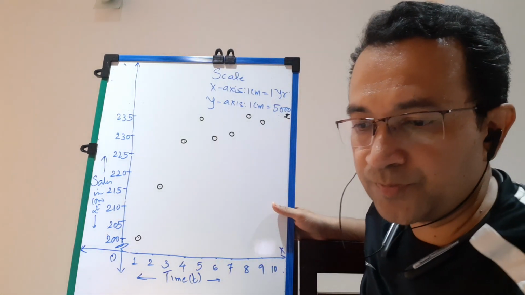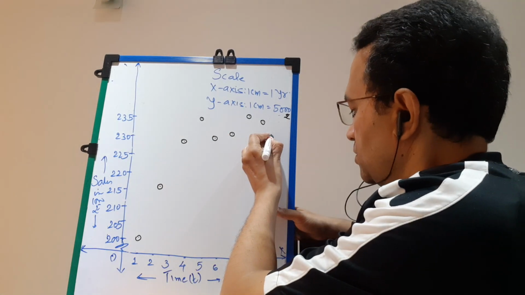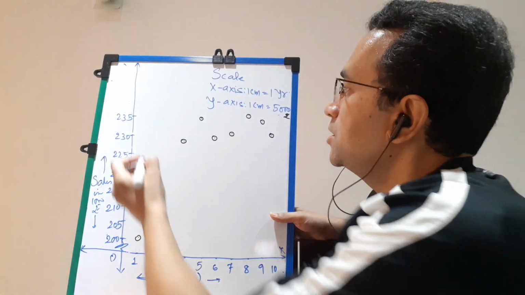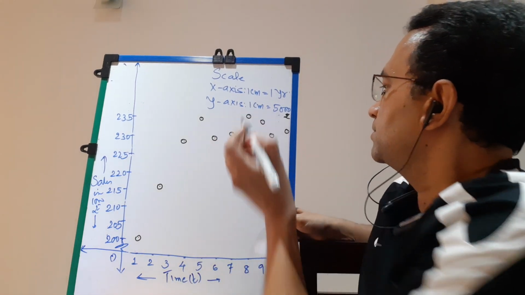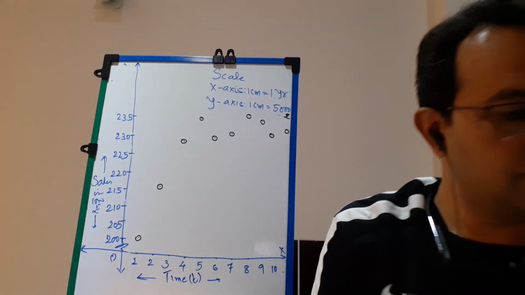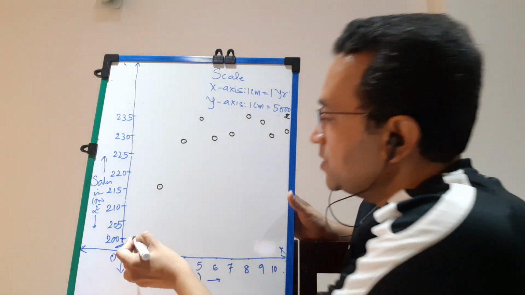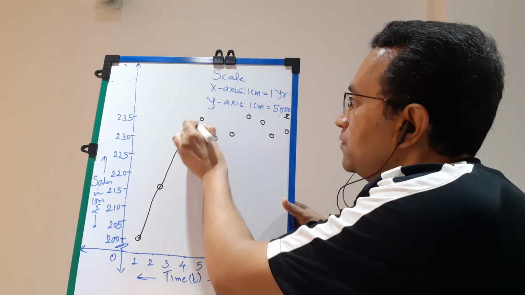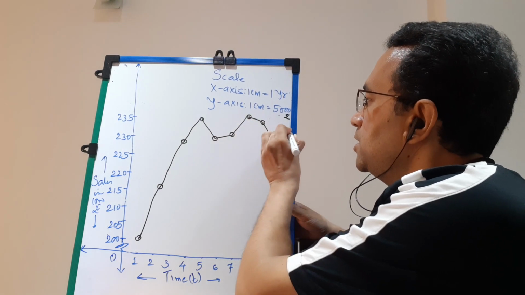For 9 it is 230. And for 10 it is 233. Now we join the original series with the help of line segments. 2, 3, 4, 5, 6, 7, 8, 9, 10.